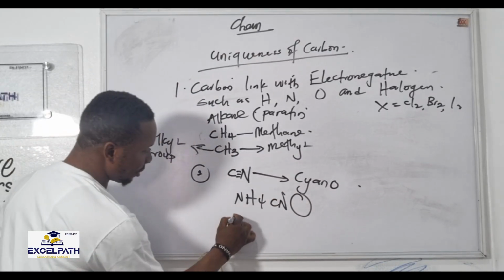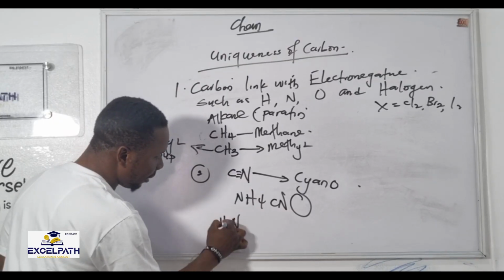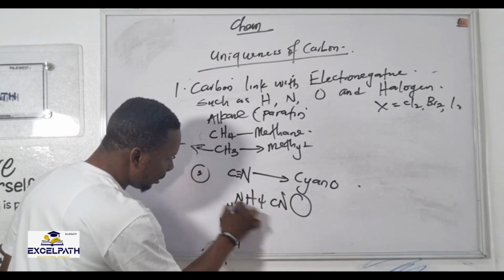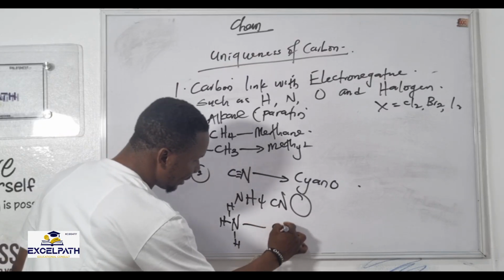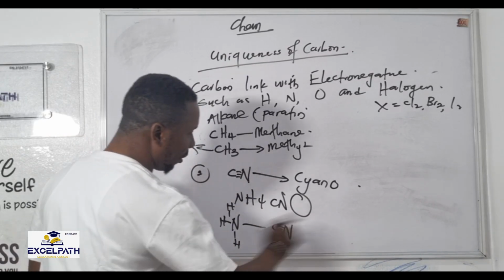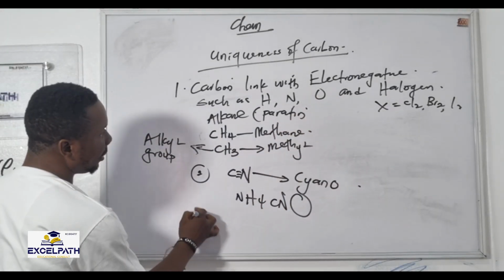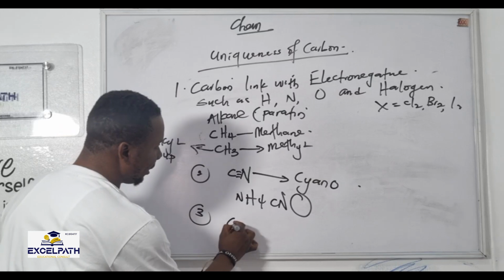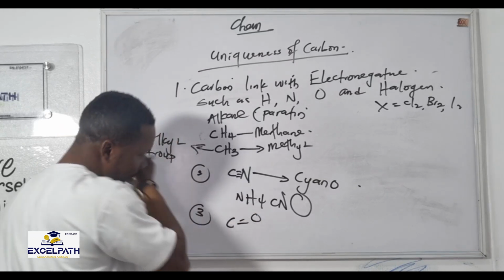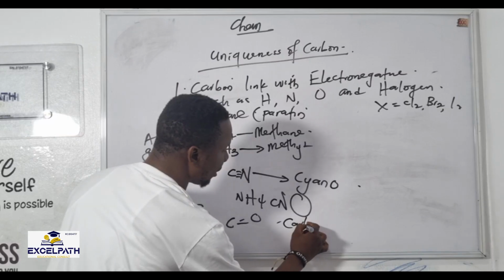So that's what really happened there. So let's check it out. Hydrogen links with, how many hydrogen atoms do you have here? Linking with cyanide. So this is what really happens here. Now, linking with what? Oxygen. If it links with oxygen, it's forming CO. This CO is said to be carbon monoxide.